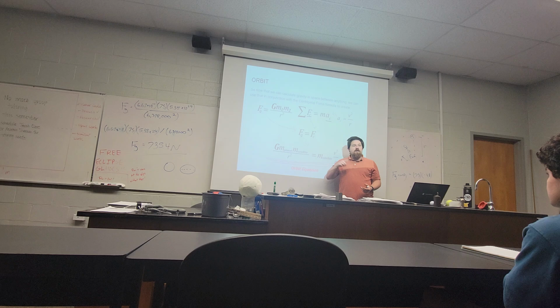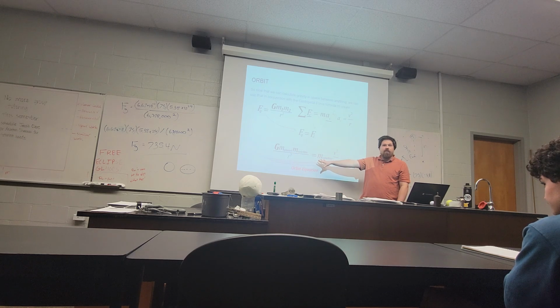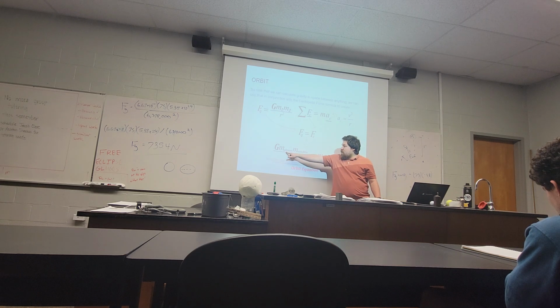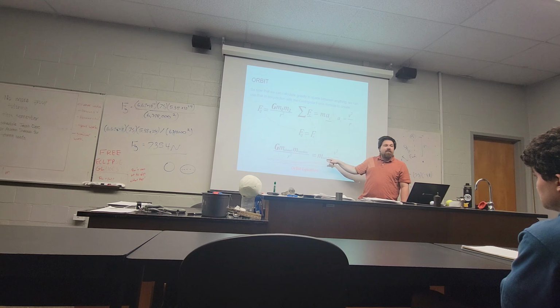Satellite meaning the thing doing the orbiting. The moon is a satellite of the Earth. Our satellites are satellites of the Earth. So if you were using this for the Earth and the moon, to say calculate the moon's orbit, like you will in your take-home lab, you put Earth's mass there, the moon's mass there, and then the moon's mass here again.